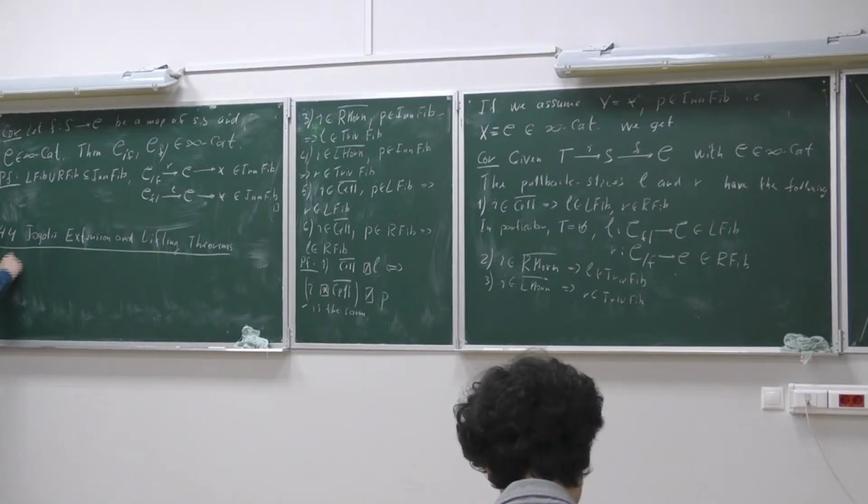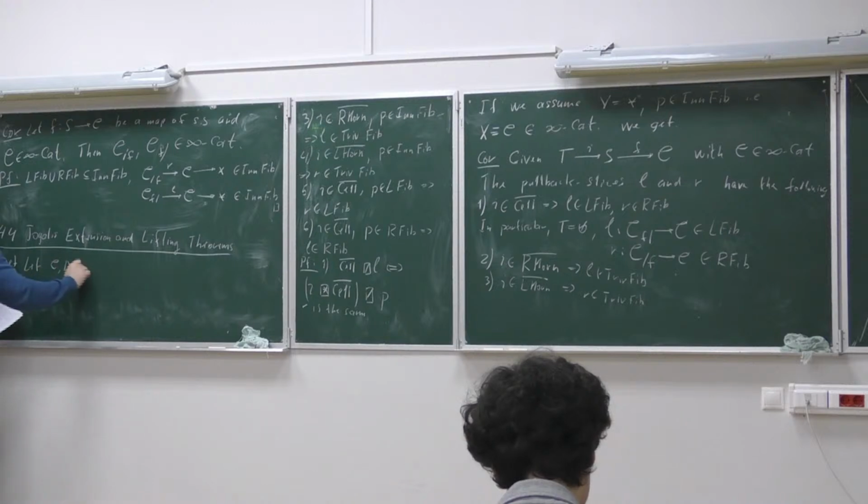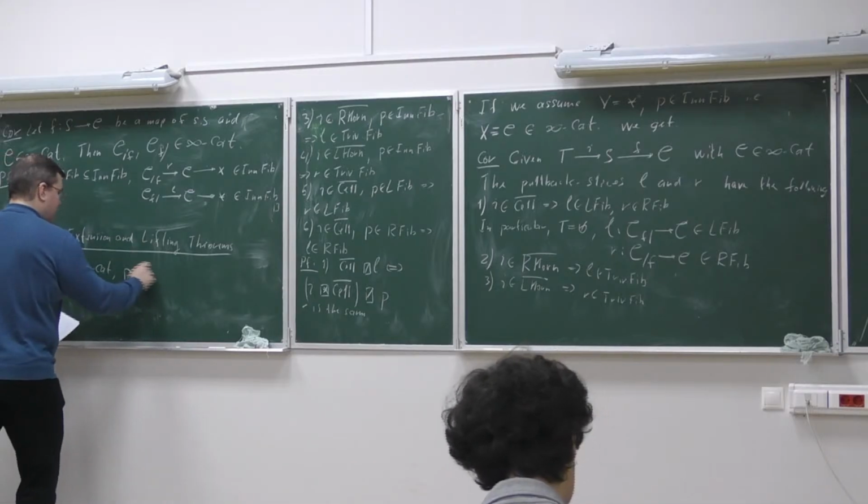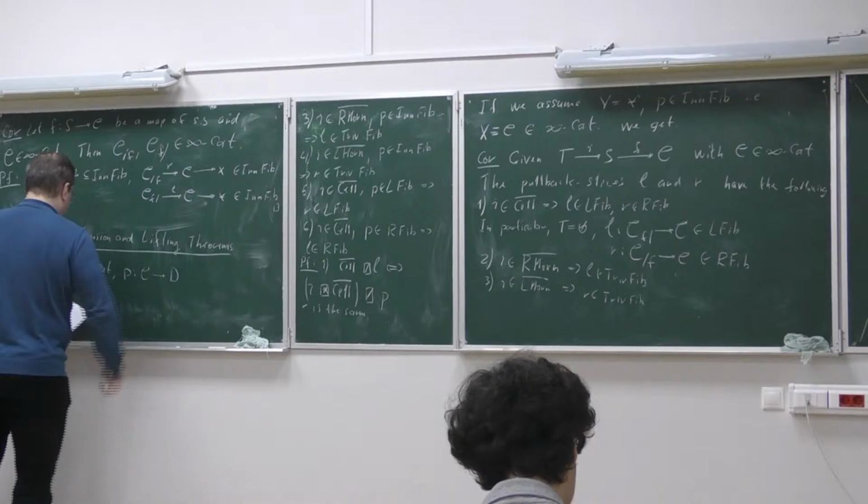So let me just say that for conservative functors, the definition is more or less the same as for one-categories. So let C and D be two infinity categories. Let's assume that P is a functor, which just means that this is a map of simplicial sets.